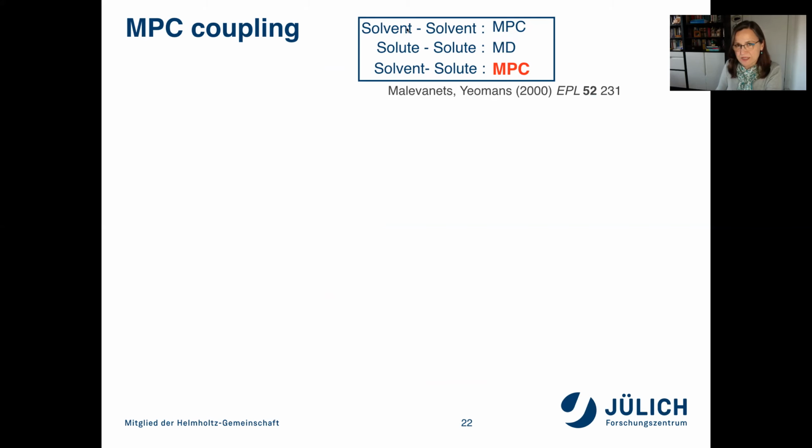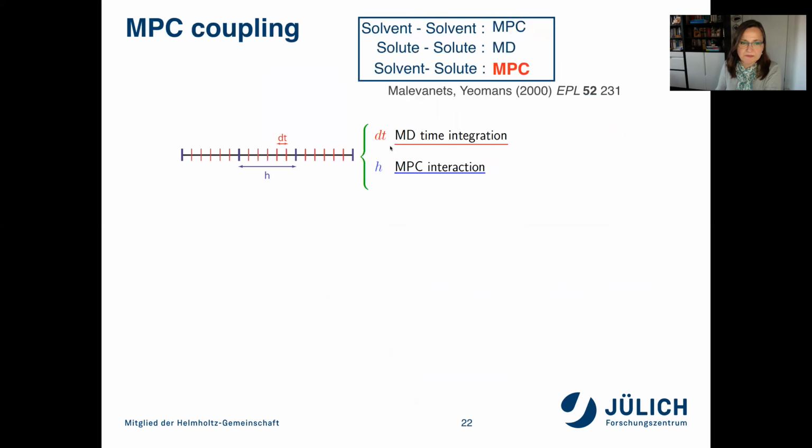So we have MPC solvent-solvent, solvent-solute, and here we say the solute particles are just one additional MPC particle. Since we are considering both molecular dynamics and MPC, you have to take into account that we have two time scales: the time integration of molecular dynamics and the collision time coming from the MPC collisions.